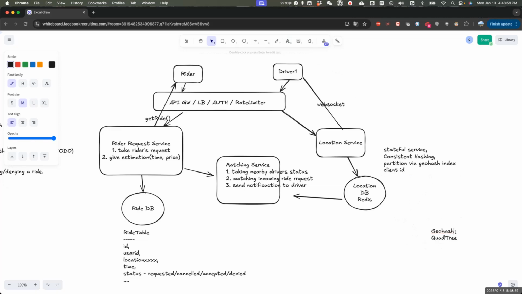It's not like a restaurant sitting at the same location all the way. So geohash has more flexibility compared with the quad tree whenever we're updating the index. So this is the first thing.